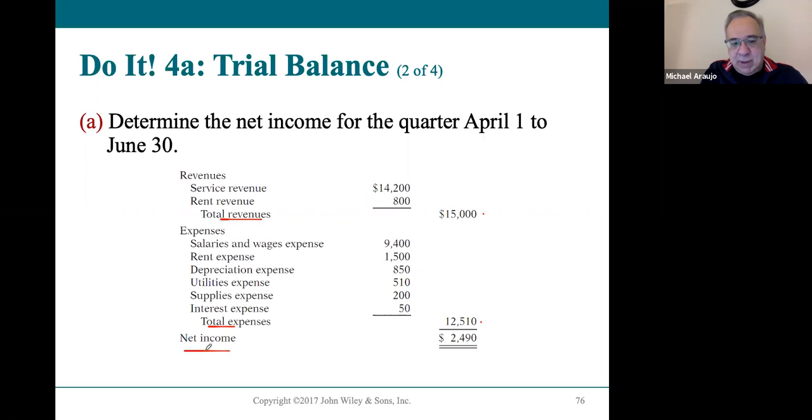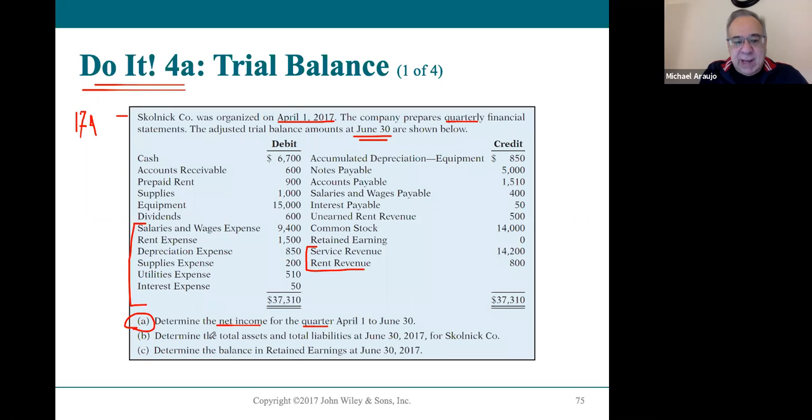So actually this company for the quarter recorded a profit of $2,490. That's good. So now we know the profit. The next thing they wanted us to do here, and which is why it's not the most ideal, what you would normally do is then do a statement of retained earnings, clearly.